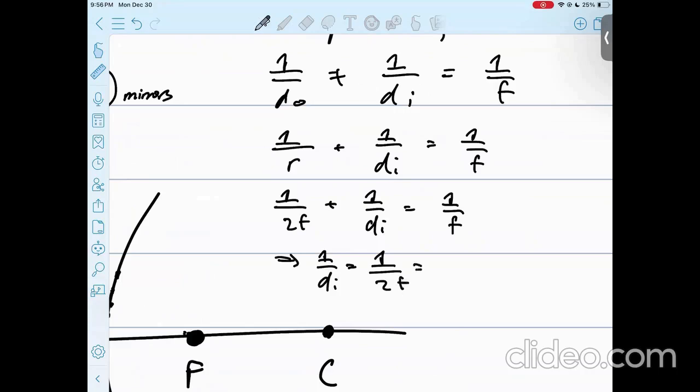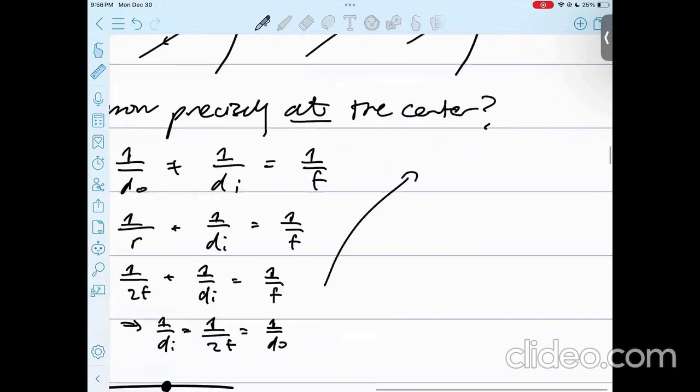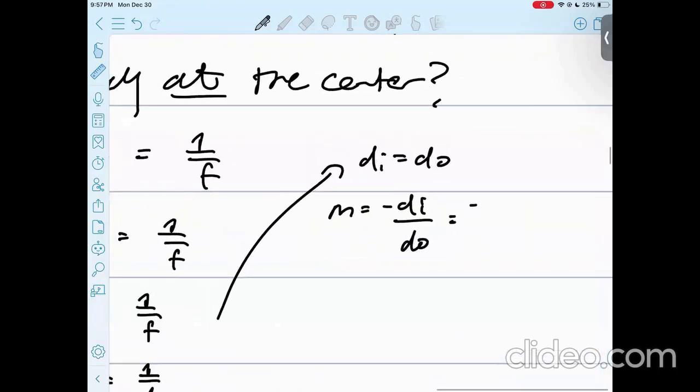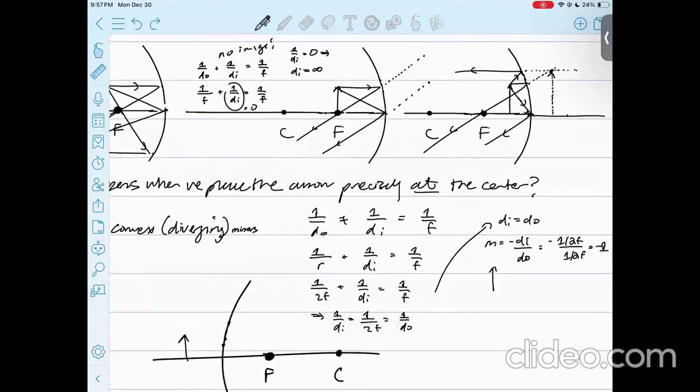But that's the same as the object distance. And so what do you have? You have that the object distance equals the image distance. You have the magnification. It's 1 over 2f. But remember this negative sign, and that's -1. So if your original arrow looked like this, if you put it at the center of curvature, the image will look like this. Okay. Point is, you can work that out with a ray diagram.